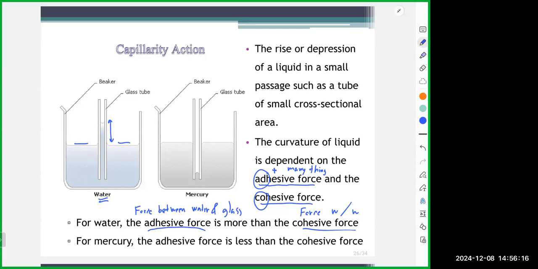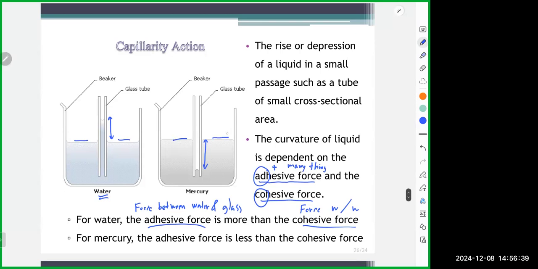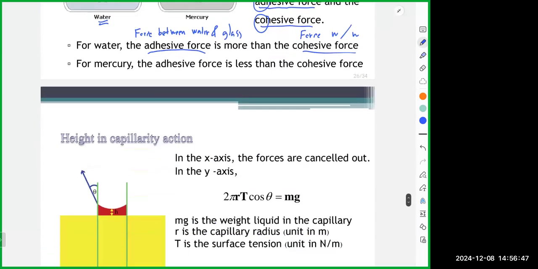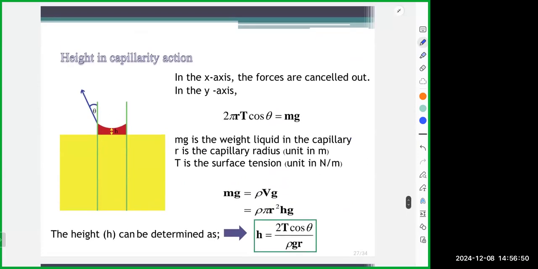However, mercury would like to interact with mercury itself. That is why when you put the capillary into mercury, the mercury level in the capillary would be lower than normal because it dislikes interacting with glass. So you can calculate right here.